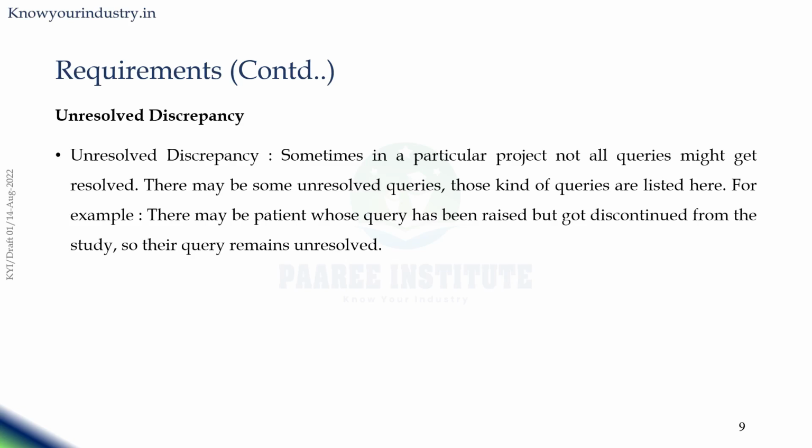If the patient is discontinued due to an adverse event and there is a missing data field, but the patient could not be reverted to, the data is empty. So there could be a discrepancy for that missing field. Those would be identified as unresolved discrepancies, because there is no source data to capture in the system.